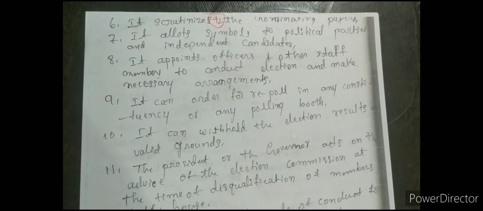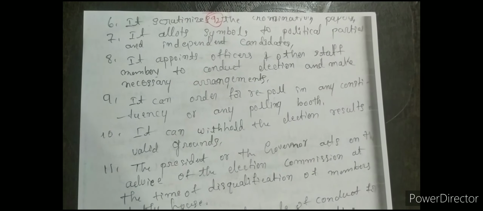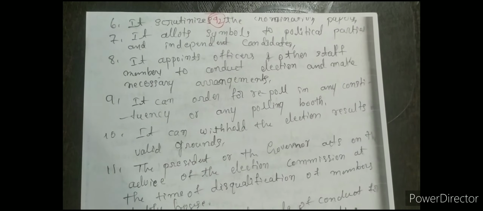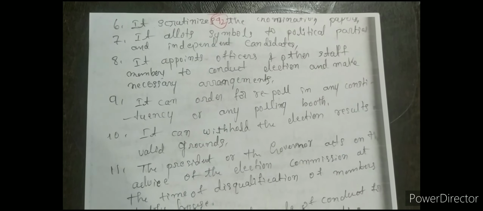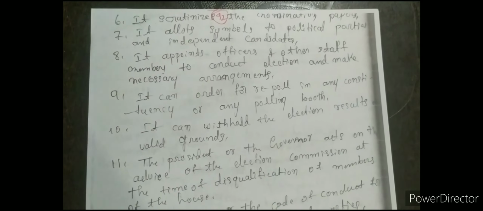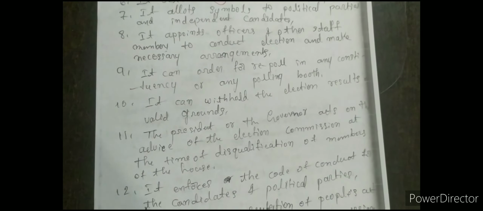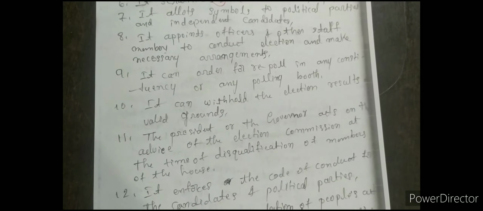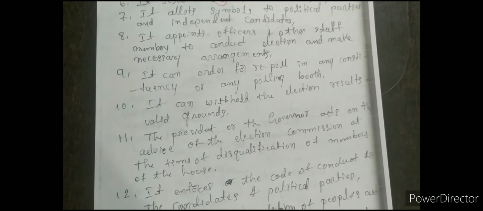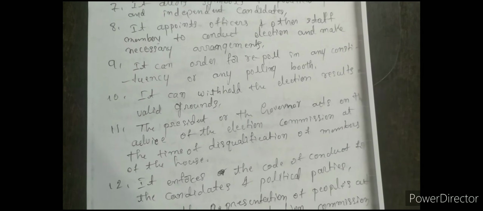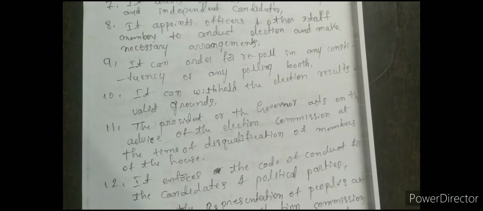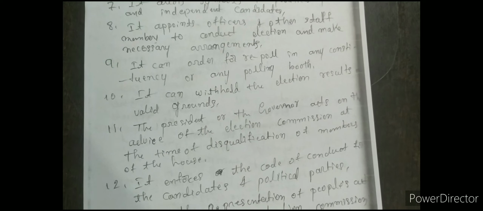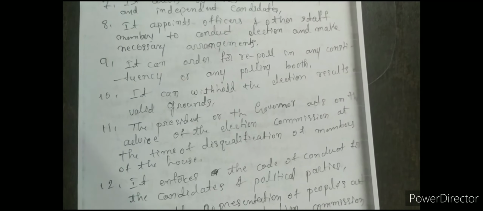Eighth, it appoints officers and other staff members to conduct elections and make necessary arrangements. Ninth, it can order a re-poll in any constituency or any polling booth. Tenth, it can withhold the election result on valid grounds.